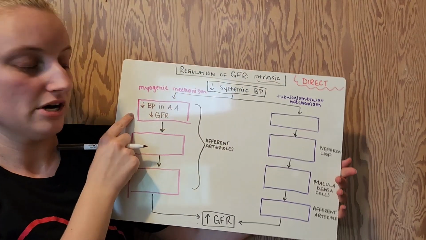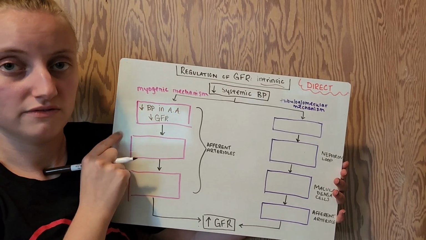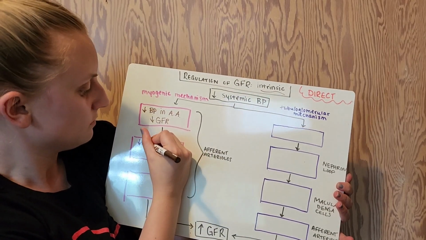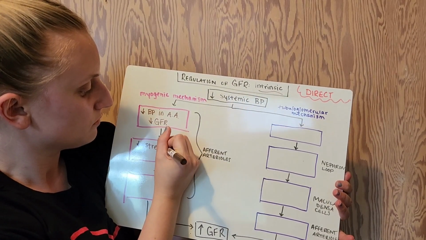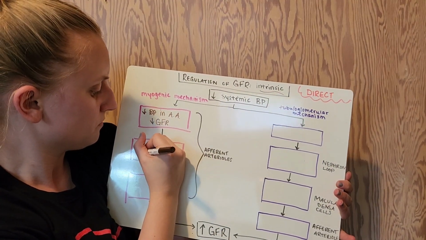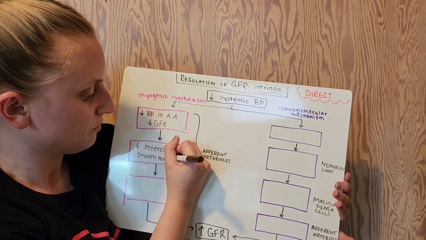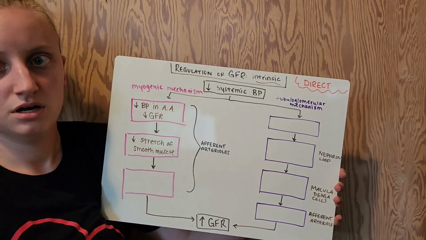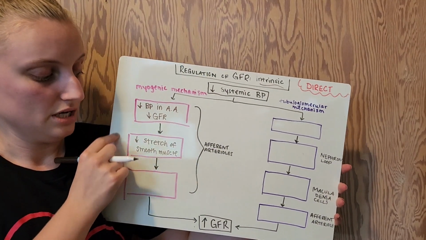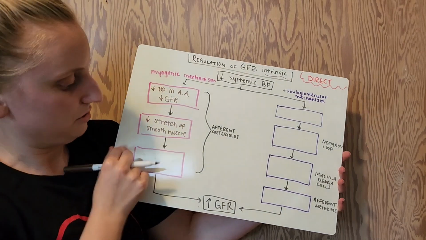Okay, decrease in GFR. Next, because of that, we have a decreased stretch of smooth muscle in these arterioles. Amazing. So, decrease GFR, decrease blood pressure, decrease stretch. This leads to vasodilation of the afferent arterioles.